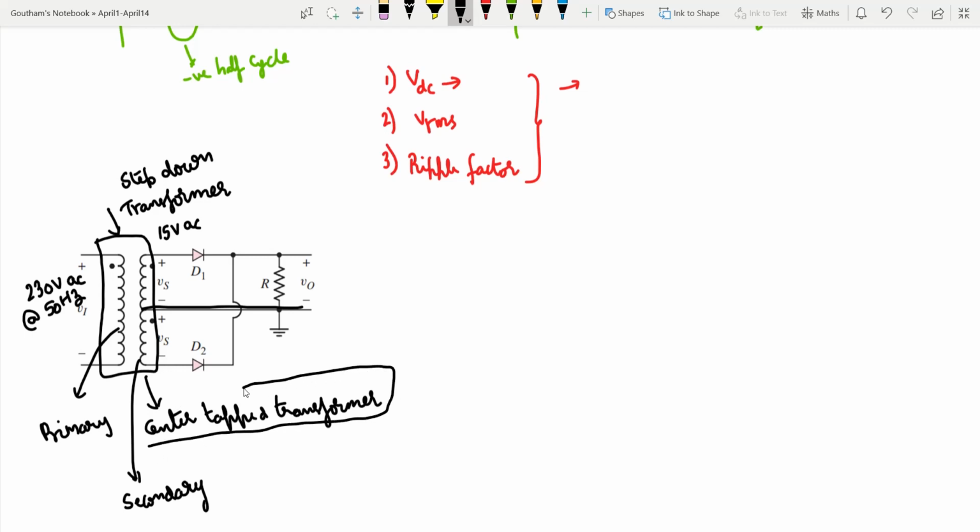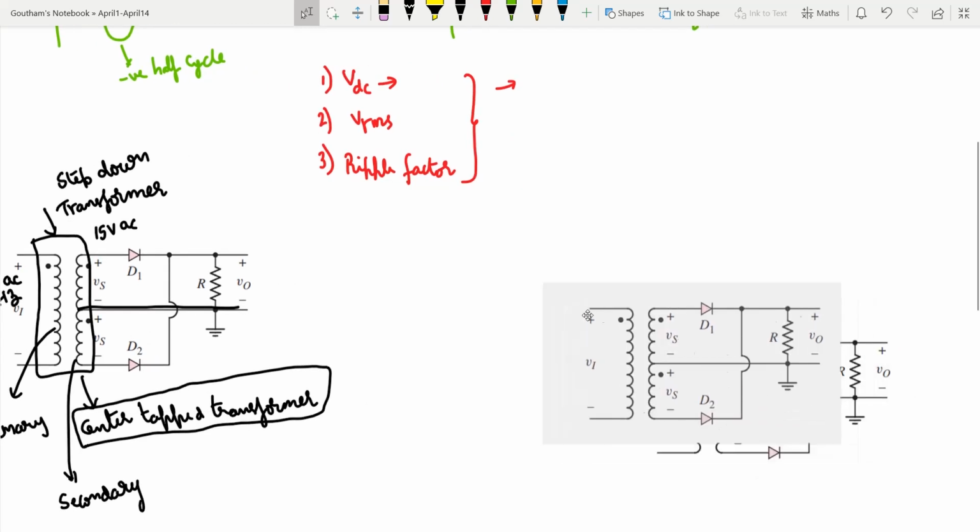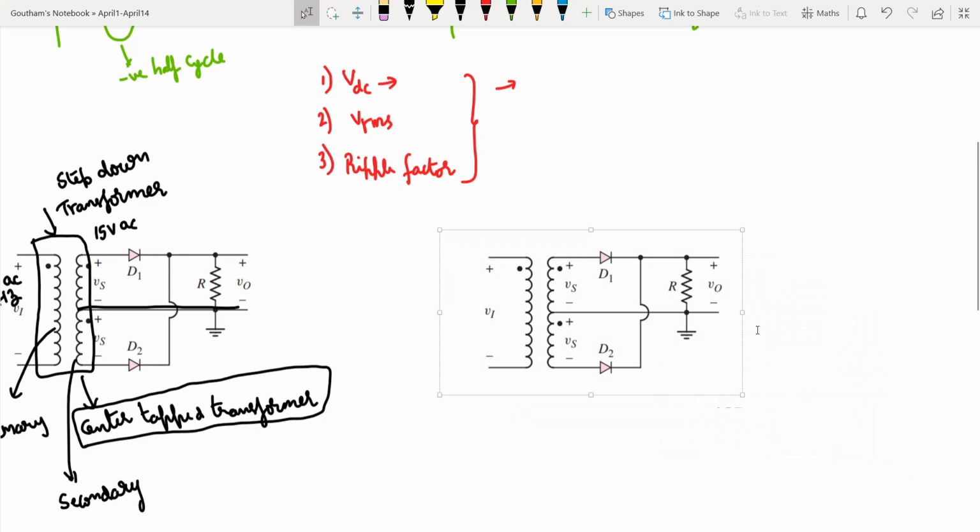If it is a center tap step down transformer, let me copy paste this again.